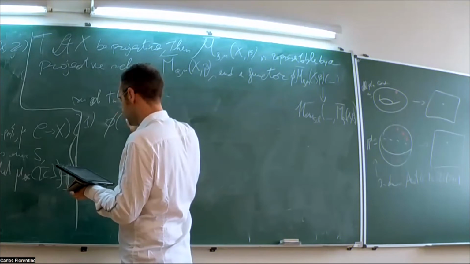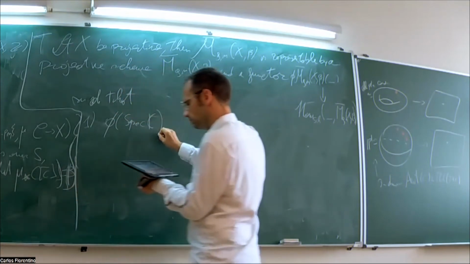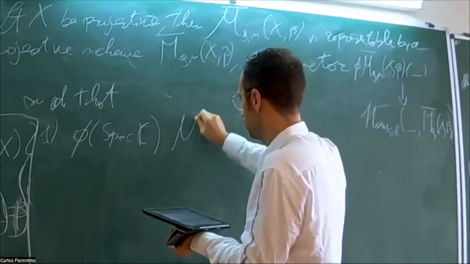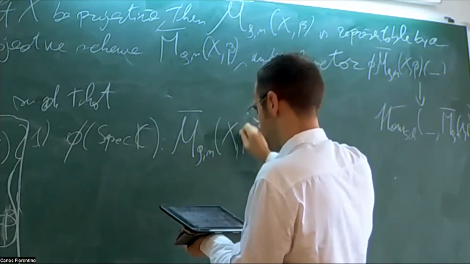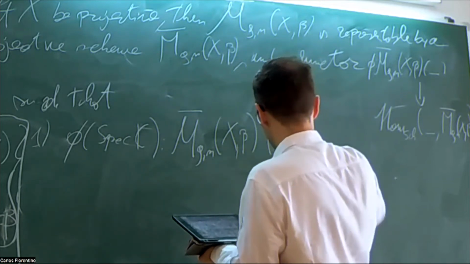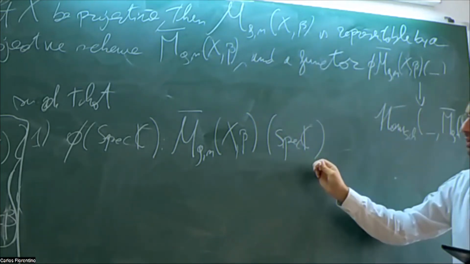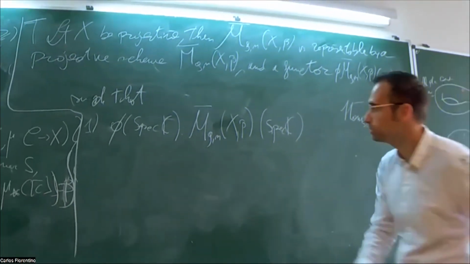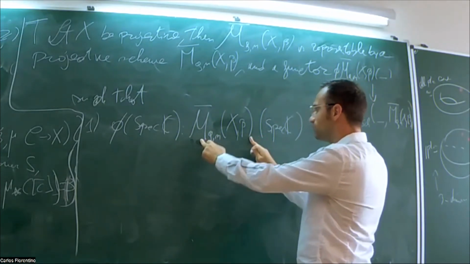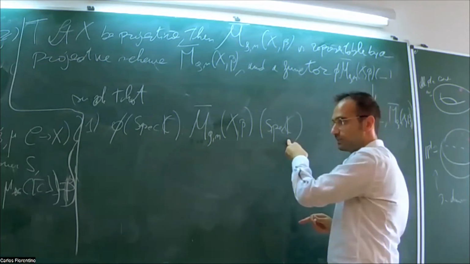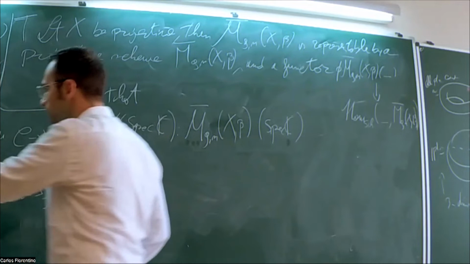Mu of Spec C, so from M bar_{g,n}(X, beta) computed in Spec C. So what is this object? Just this one. So we define this functor, and we are computing this functor at Spec C. What does it mean?